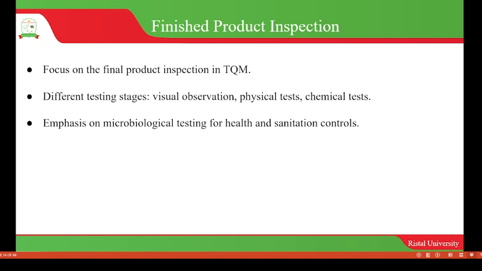And so when we are doing finished product inspection, we have to always test for the presence of microorganisms. If the microorganisms are present, then the food is not safe. But if they're absent, then the food is safe for consumption.